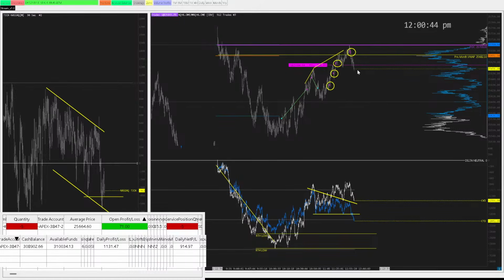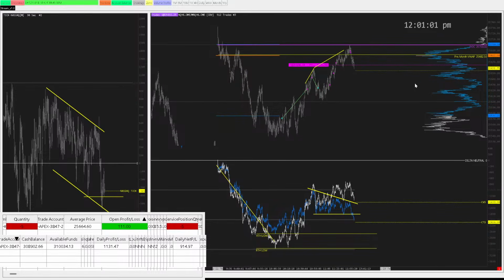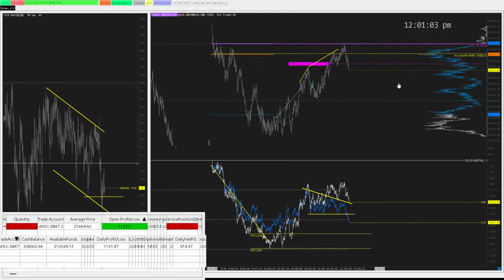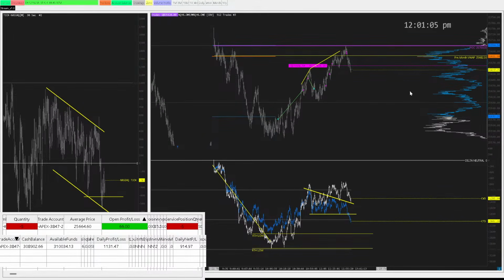Now that we've got this little push down, there are a lot of different ways you can do it, but you can start closing them out, peeling them off. So I might take 1 off right there. And for me, it's just about moving my theoretical average to where I'm in a good spot, right?